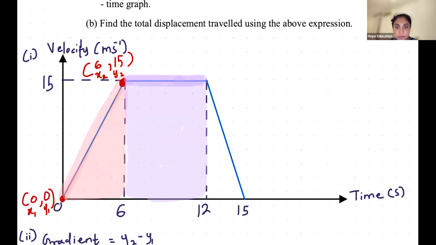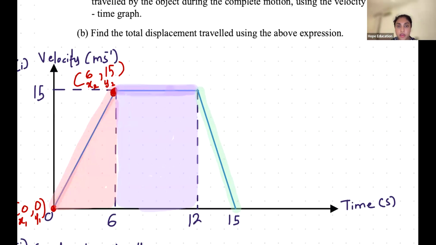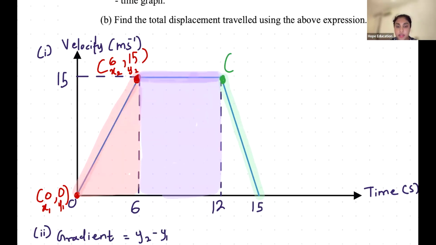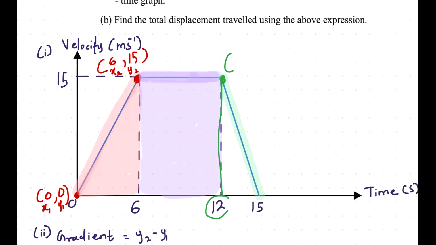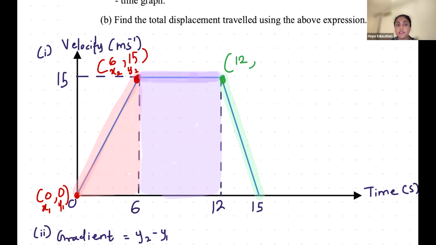To calculate the gradient of this section, first of all, I need 2 points. As the graph goes like this, this is one point. What is the x value of this point? 12. Yeah. Then what is the y value of this point? 15.